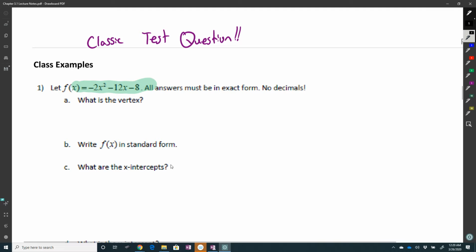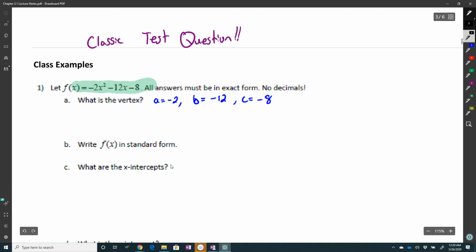Now here we don't have to do it the long, convoluted, completing the square way. We can just use a shortcut. So I know that my a is equal to -2, b is -12, and c is negative 8.